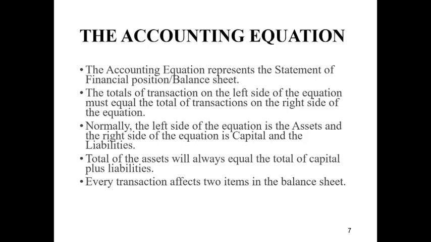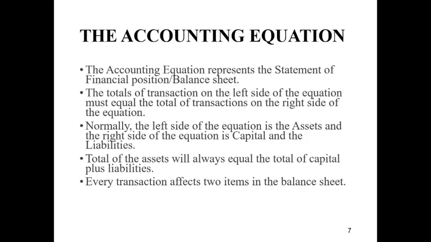The equation, just to reiterate, is assets equals capital plus liabilities. So if you take the assets on the left-hand side as 100,000, the sum of the capital plus the liabilities on the right-hand side must also be equal to 100,000.